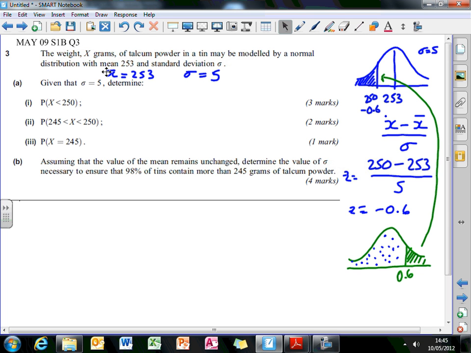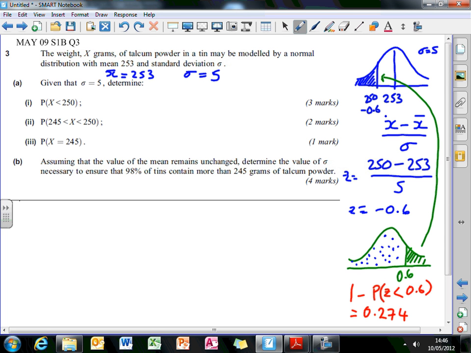So I need to do 1 minus the probability that z is less than 0.6. So you crack your tables out, look up z is less than 0.6, it's 0.72575, take that away from 1 and to 3 decimal places, you're going to get 0.274. That's part AI.